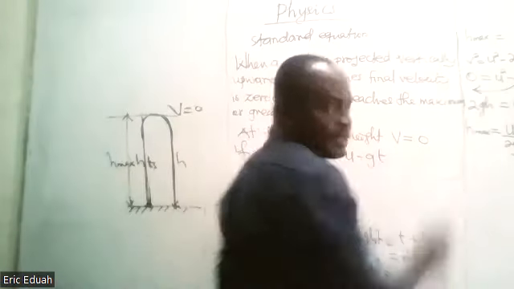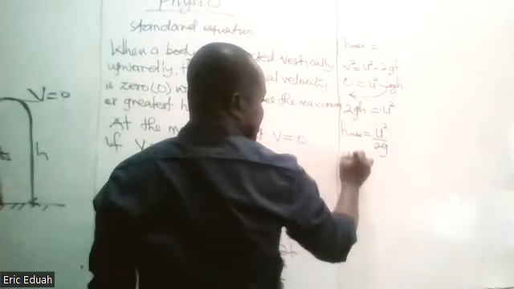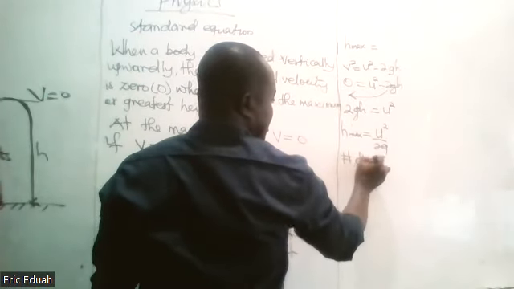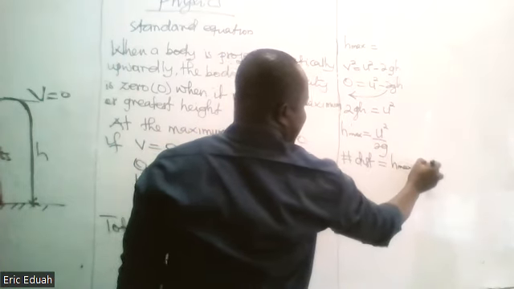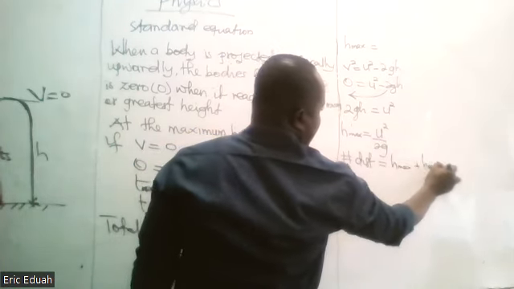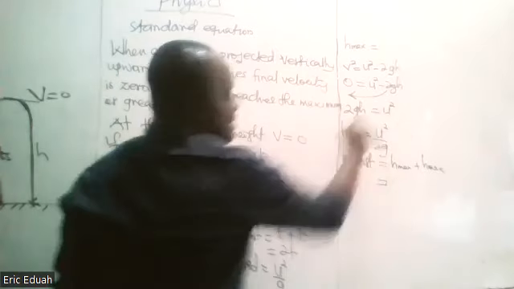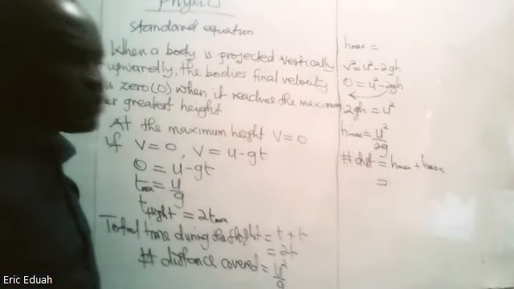So total distance covered will be equal to H max plus another H max. But what is H max? H max is U squared over 2G.